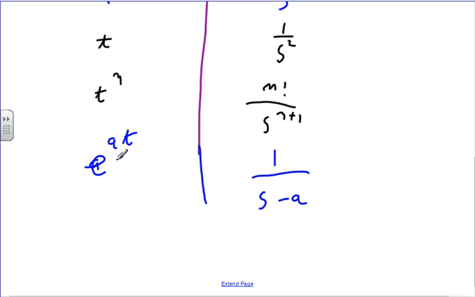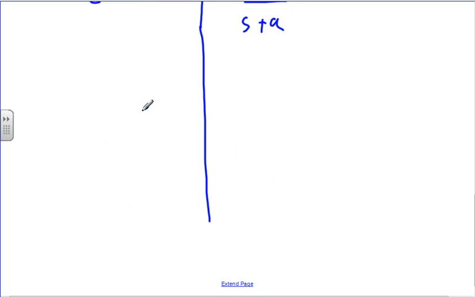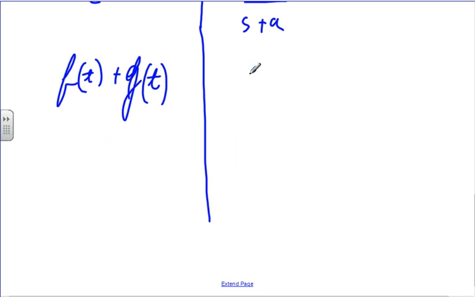What if it was e to the minus at? What would I have? 1 over s plus a, in case you're wondering. Which begs the other issue, which we haven't really discussed yet: if I have f of t plus g of t, then my Laplace transform is going to be F of s plus G of s.